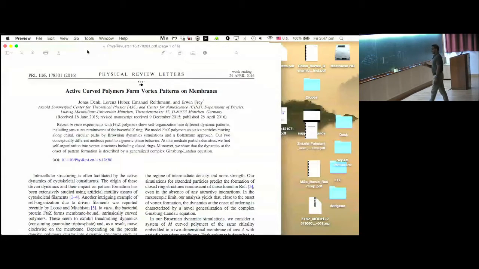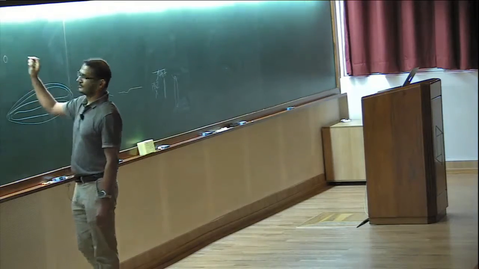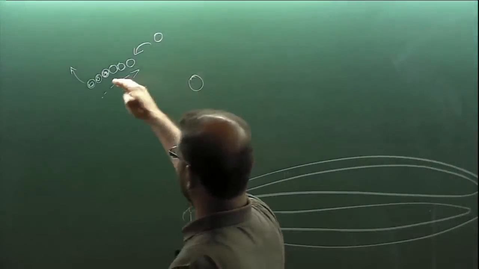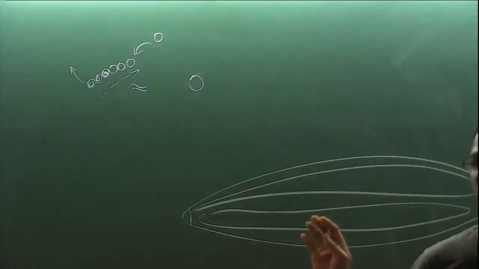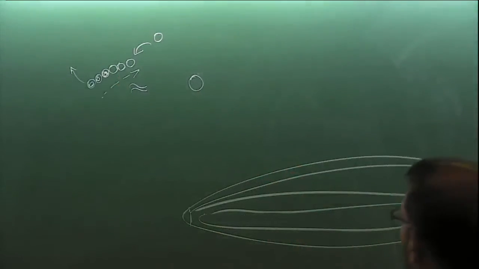So what these authors did was to approximate this as an active particle, which is now a point particle. It has a self-propulsion velocity, which essentially matches the observed velocity of treadmilling of the filaments.